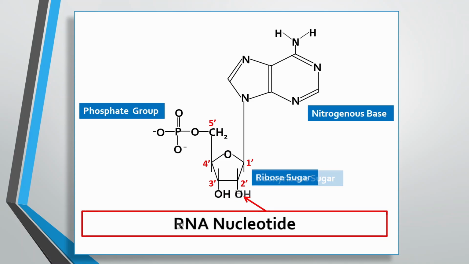And here is an RNA nucleotide. And this one has the typical ribose sugar that has an O there at that 2' position. Therefore, RNA has ribose incorporated into its backbone and not 2' deoxyribose.